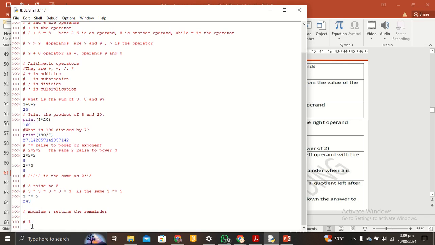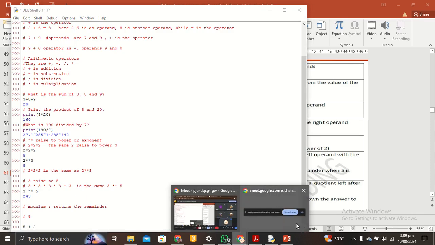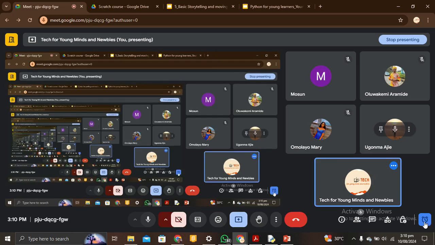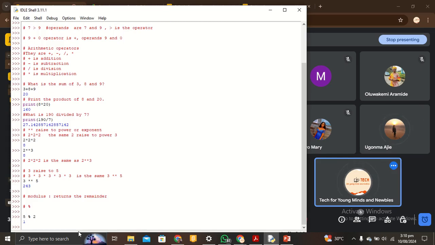So if I say 5 modulus 2, what will my answer be? The remainder, 1. It's only the remainder that it will tell you. It will not tell you the 2, only the remainder. Is that okay? Yes, ma'am. So 5 modulus 2 returns 1.